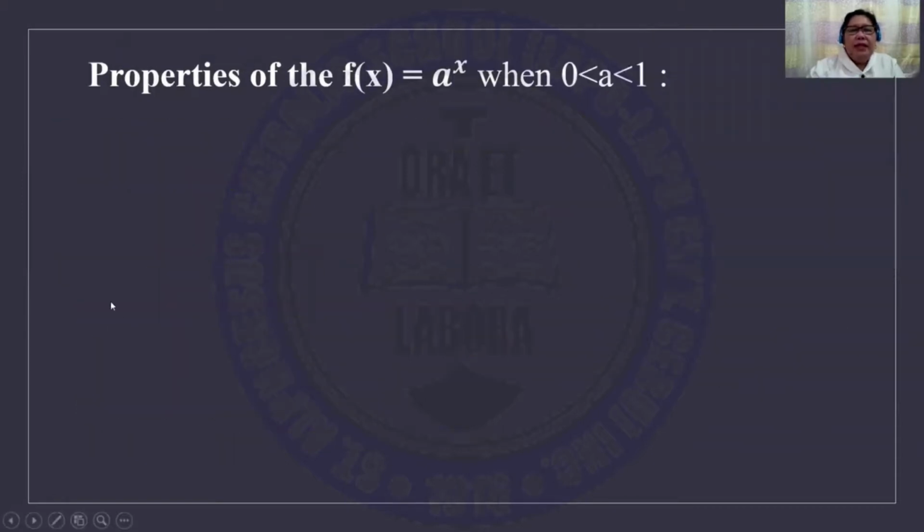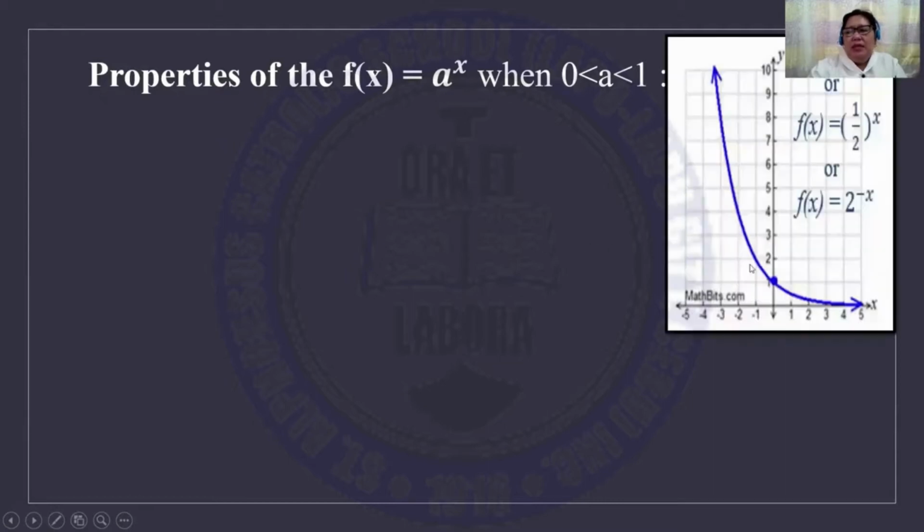Next, let us have the properties of the function f of x equals a raised to x when a is between 0 and 1. So this is the graph of f of x is equal to 0.5, or 1/2 raised to x. So 1/2 is between 0 and 1.